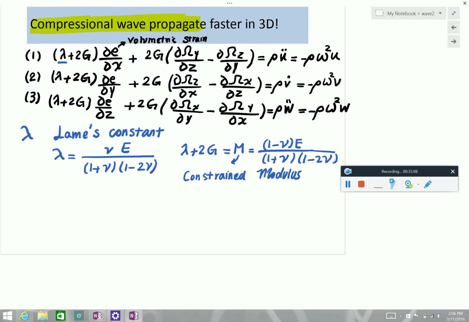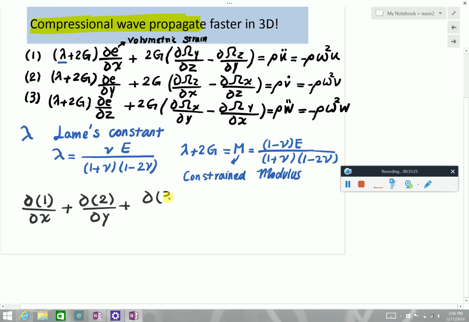To do that, we have to get rid of the rotational strain. The way to do it is, if we take the derivative of equation 1 with respect to x and sum it up with the derivative of equation 2 with respect to y, and then also sum it up with the derivative of the third equation with respect to z, we are basically going to cancel out all the rotational strains and we'll be left with this equation.